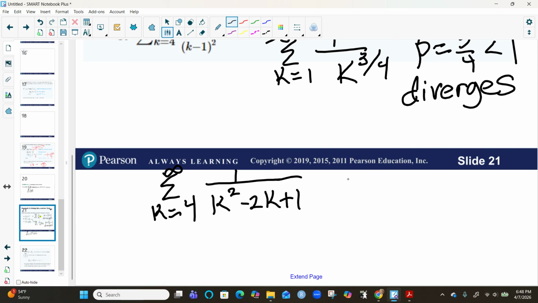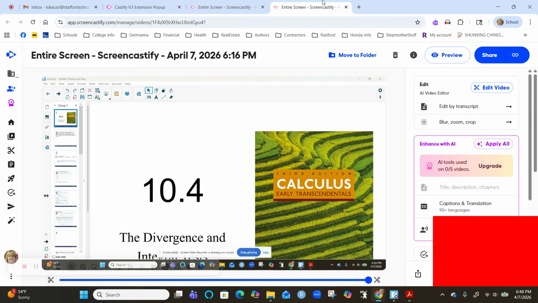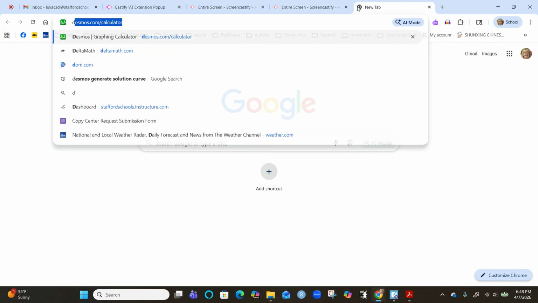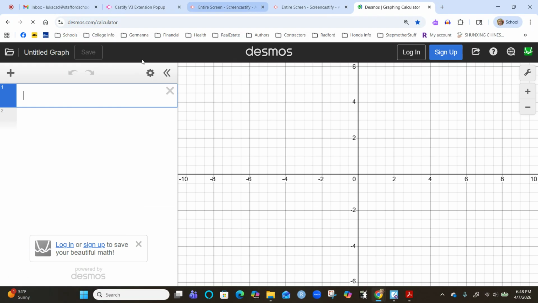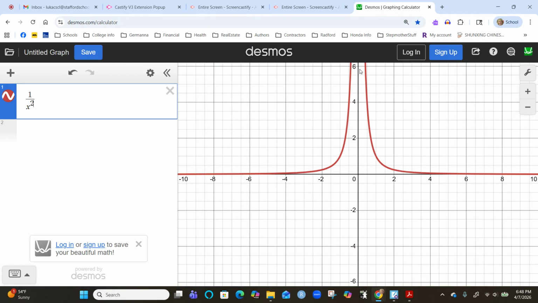So this is going to behave like 1 over k squared. And what I like to do at this point, and I am almost done, guys, is put them in the calculator so that you can see that. I'll use x, though. Okay, so there's your 1 over x squared.